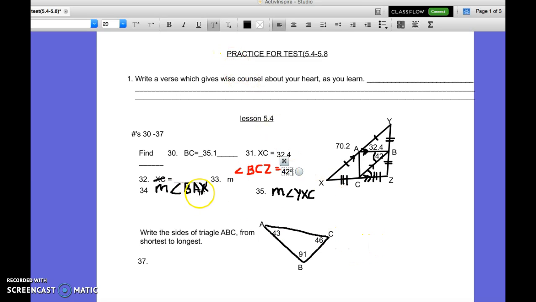Okay, so you can think about those and seek to do those yourself. Let's go to another one. 37. It says write the sides of triangle ABC from shortest to longest. So this is triangle ABC. I hope I have it right. Let me look and see. Maybe I have the letters reversed.